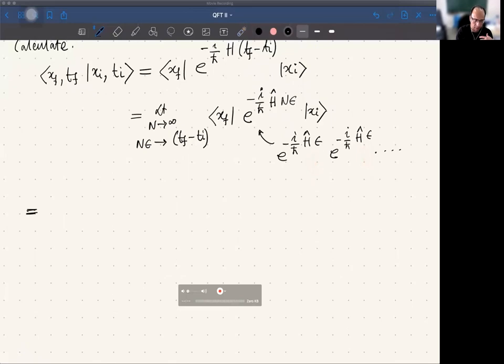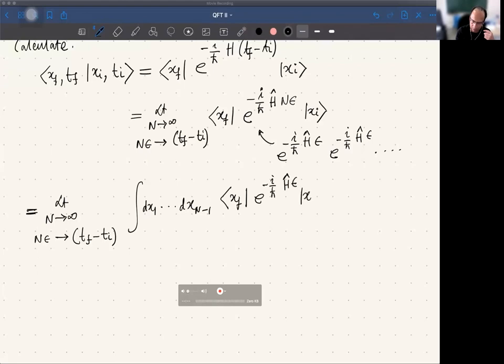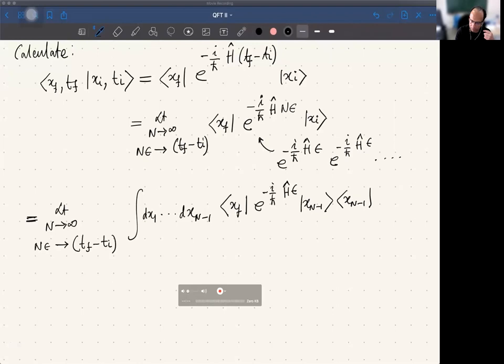This gives you, in the limit n tends to infinity, n epsilon goes to t_f minus t_i, the integral dx_1 to dx_{n-1} of x_f e to the minus i by h bar H hat epsilon x_{n-1}, x_{n-1} e to the power minus i by h bar H hat epsilon x_{n-2}, and so on up to x_1, x_1 e to the power minus i by h bar H hat epsilon x_i.